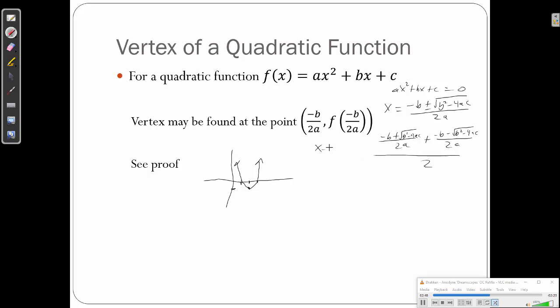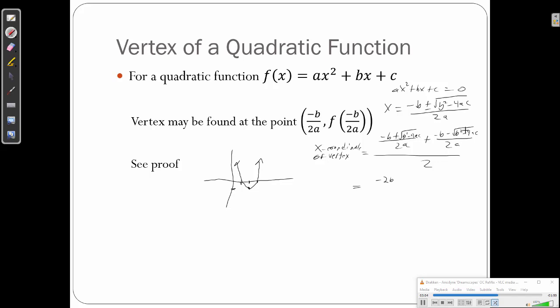This will be the x-coordinate of the vertex. Now, this is easier to add together than you might think. These already have common denominators on the top, so negative b plus negative b is negative 2b.